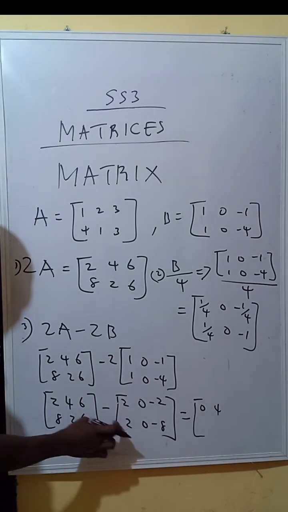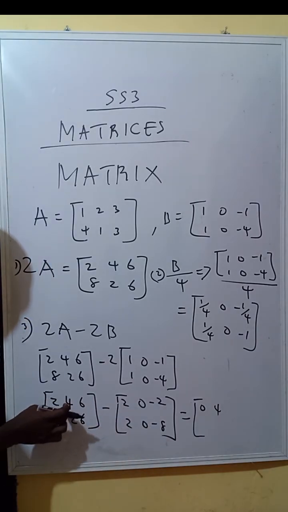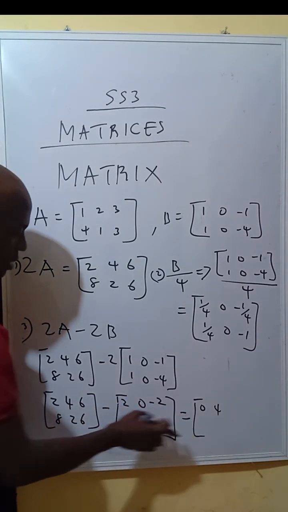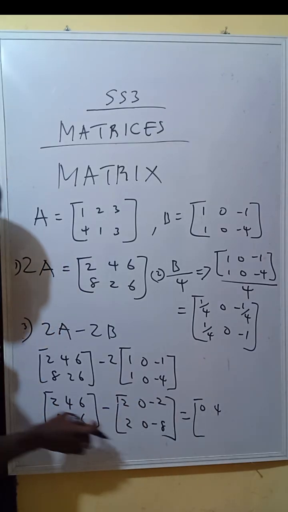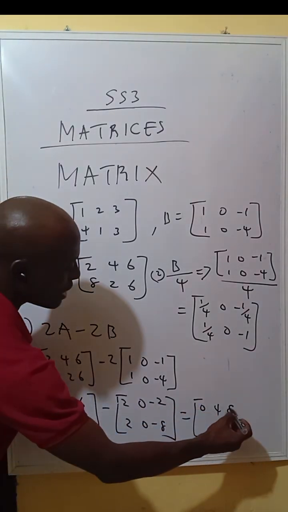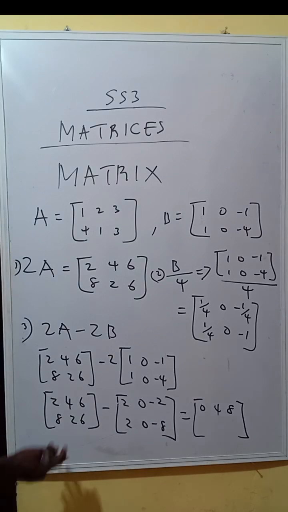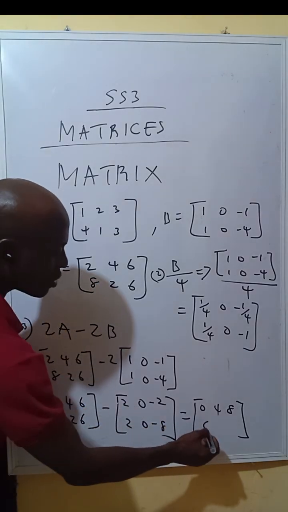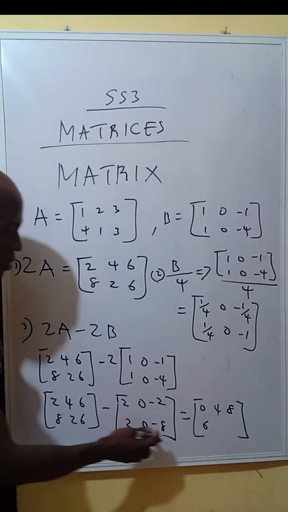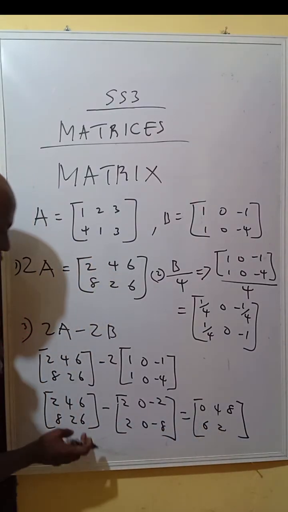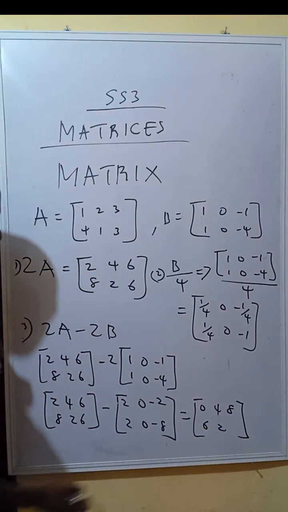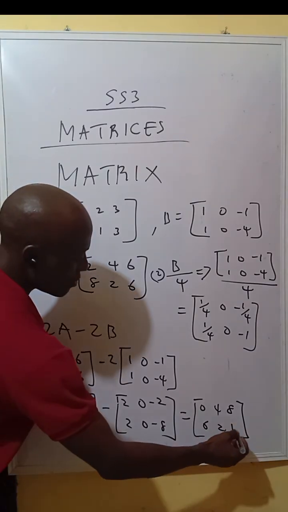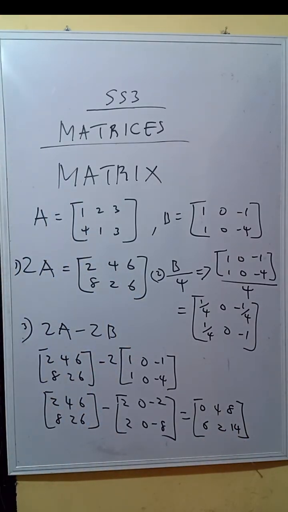Don't say 4 minus 2, no. The position of 4 here is this. 6 minus minus 2, that's 8. Why is it 8? 6 minus minus 2 is 6 plus 2, 8. 8 minus 2, 6. 2 minus 0, 2. 6 minus minus 8 is 14. That's 6 plus 8.